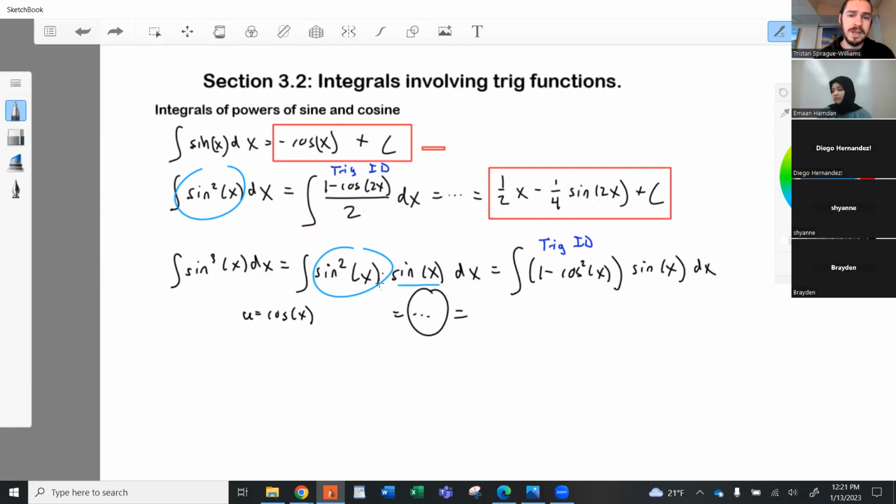On the other hand, over here, replacing it with 1 minus cosine squared is valuable because we have this sine of x attached to it, available to use, so a u substitution with u equals cosine will work out because du is going to use up that sine of x that we have. Does that kind of make sense? So it's context driven.